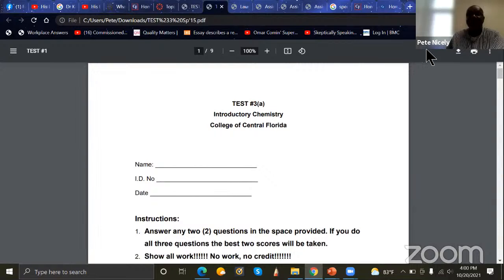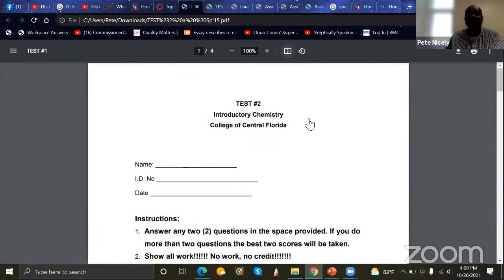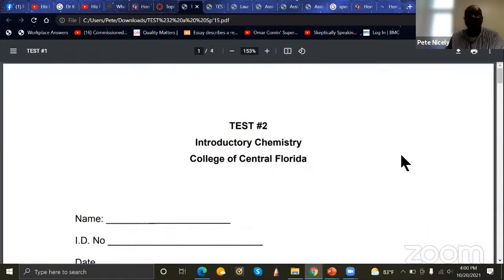All right, so let me expand this so that it can be seen more clearly. And let me do the same for, hold on 1 minute, same thing for this one. Okay, so which one shall I start off with?